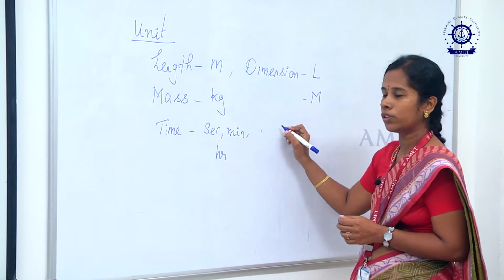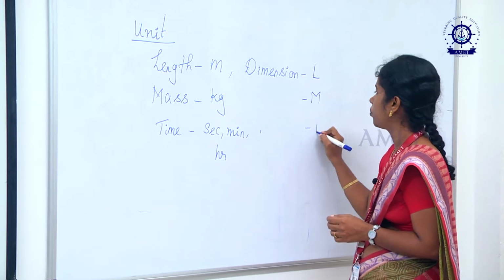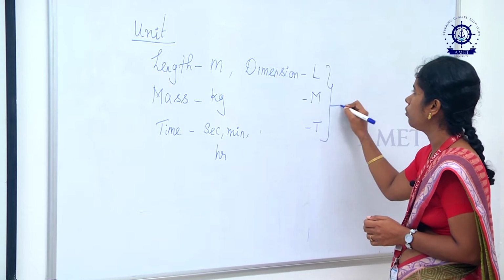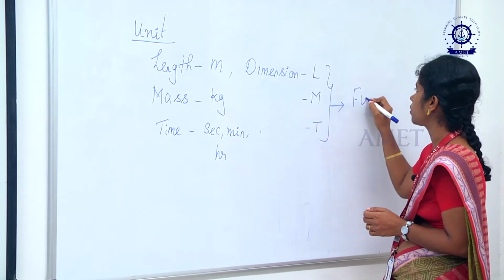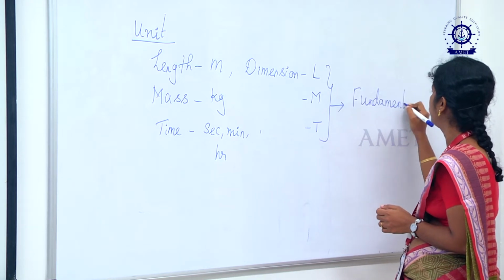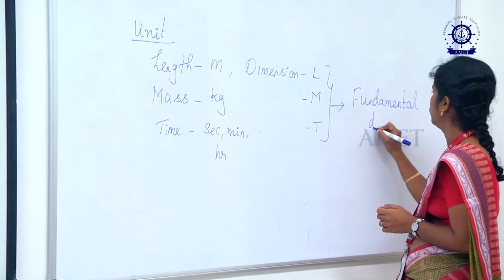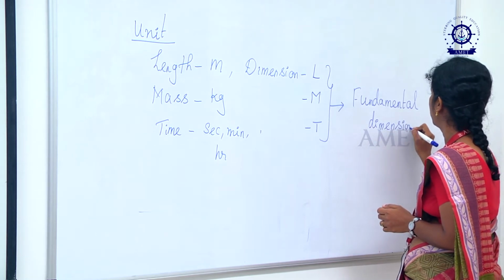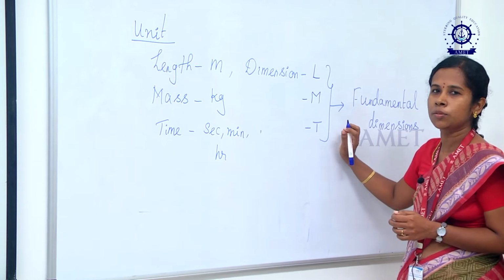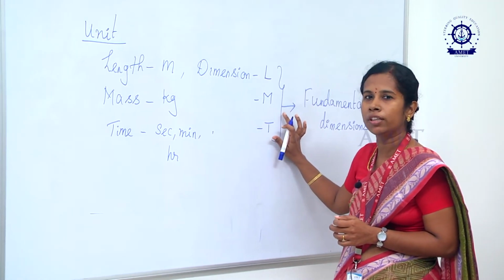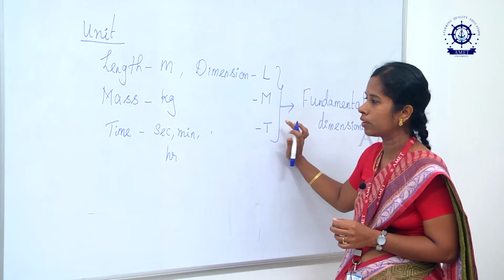The dimension for time will be T. These three are called the fundamental dimensions. Fundamental dimensions are the basic things, with which we will derive the remaining ones.